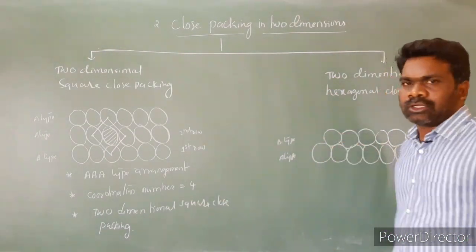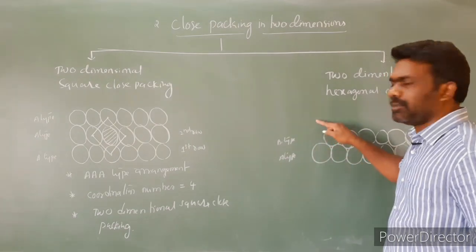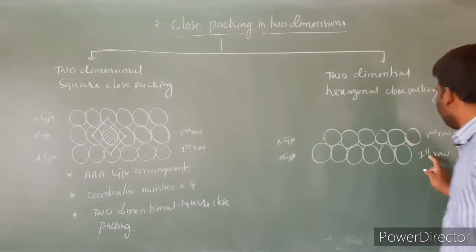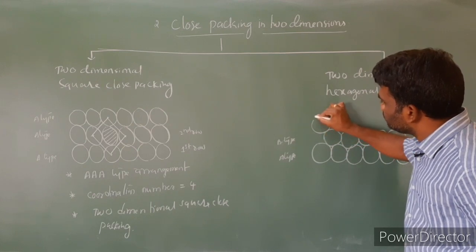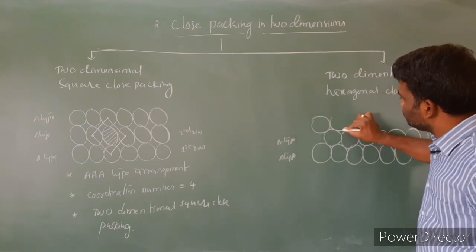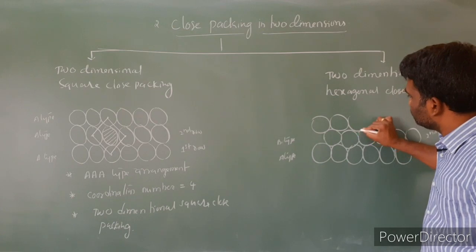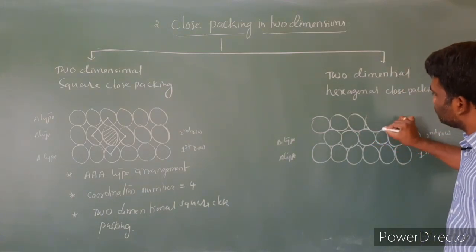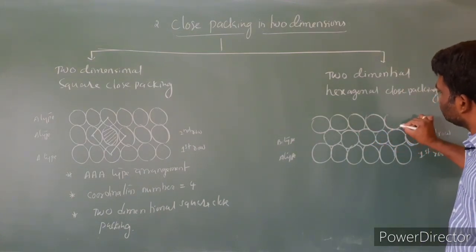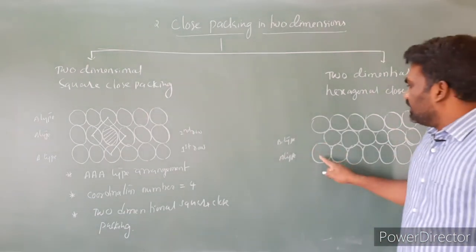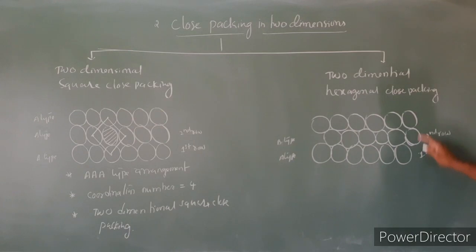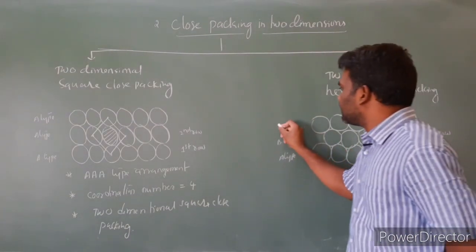Next, I am taking the third row, placed exactly like the first row. So the first row and third row are both the same type, A type.